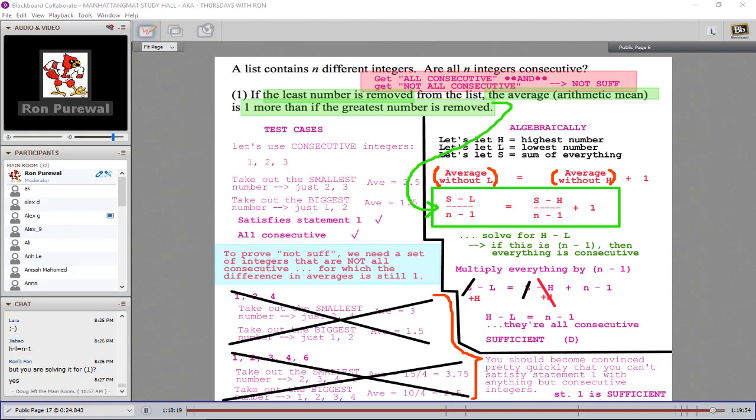Admittedly, that's a little bit special. That's not the kind of thing that everybody would be expected to come up with. But you don't have to come up with them, which is the point. If you just start investigating sets of numbers, you'll discover pretty fast that you can't make this happen with anything but consecutives.